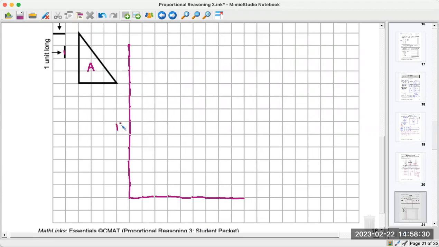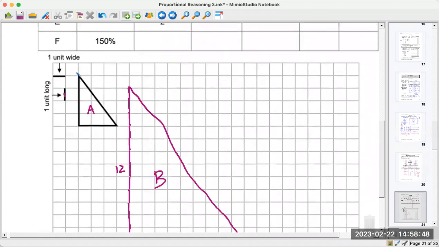Okay, so we have 12 by 9 units, 3 times as big as this one. You only have to connect it. You don't have to worry about how long this thing is. So there's our triangle B, label it. Okay, this line looks really crooked. Use a ruler if you have one. So that's 3 times as big.